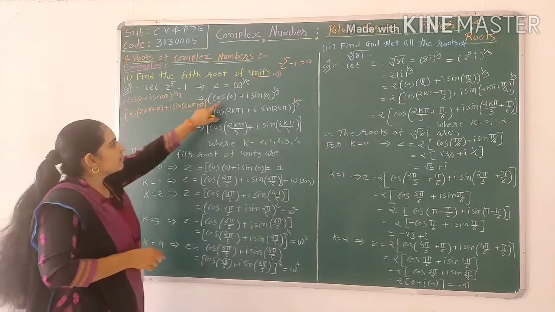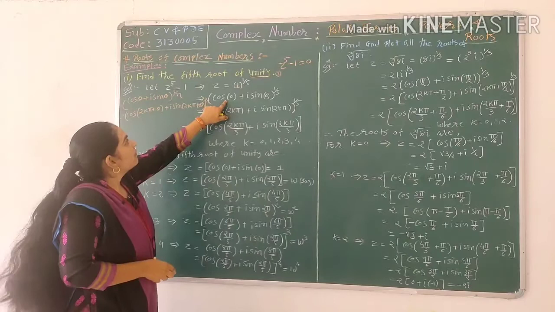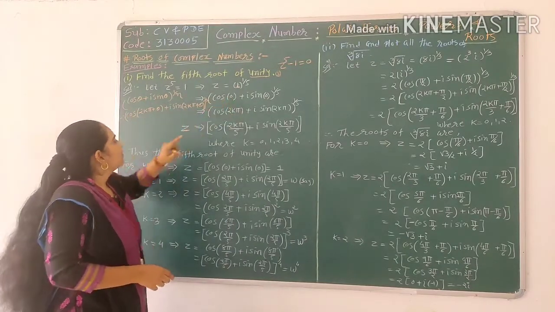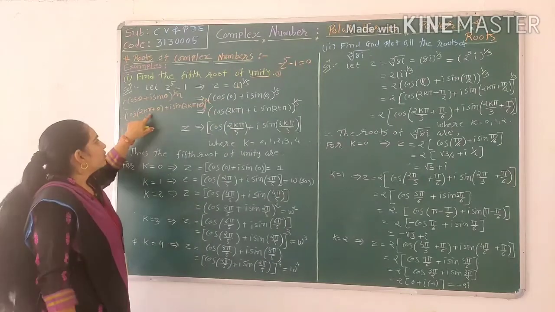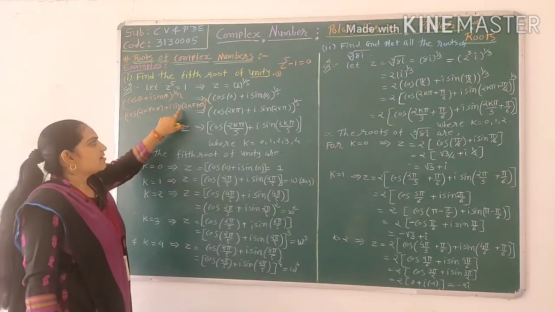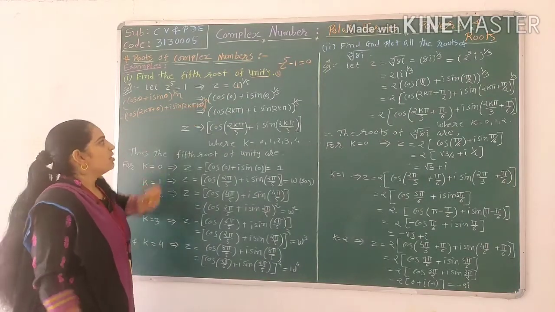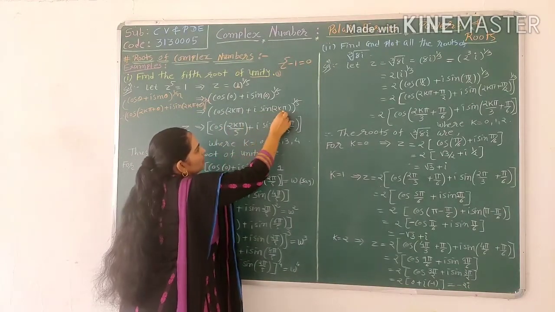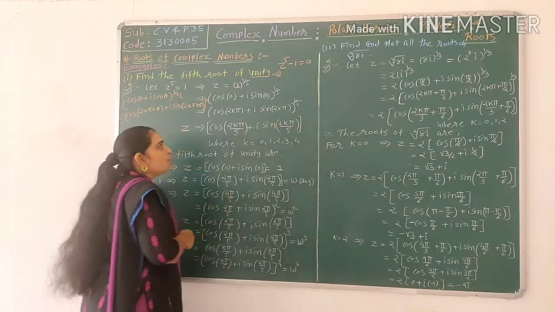Here theta is equal to 0. Therefore, we can write cos (2k pi plus 0) plus i sin (2k pi plus 0), that means (cos 2k pi plus i sin 2k pi) raised to 1 upon 5.